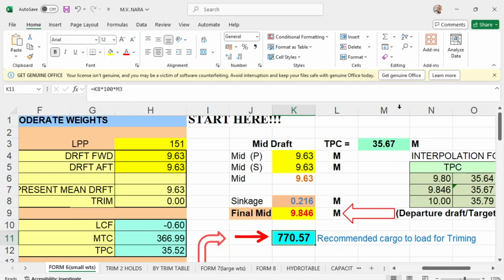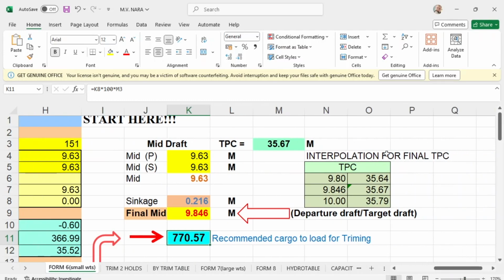So where's M3? This one, column M, row 3. So this is your TPC. How did I get this 35.67? This is your departure draft, maximum departure draft, or your tropical draft of 9.846. You interpolate the TPC, then you will get the TPC of 35.67, which is this one.